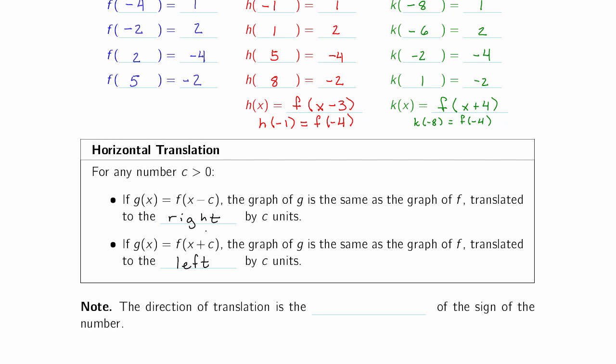If we add something, that's a translation to the left. Right is usually the positive direction, so this is backwards. The direction of the translation is the opposite of the sign of the number that we're adding. And again, that's because we need to go from the input of the new function back to the input of the old function.